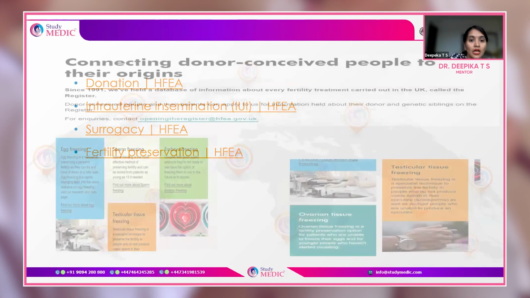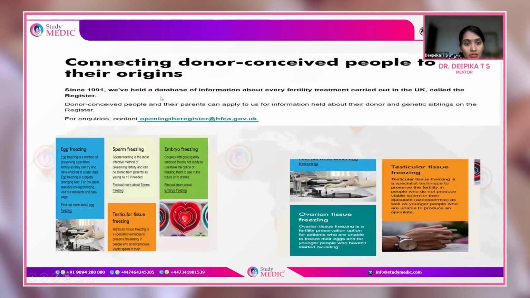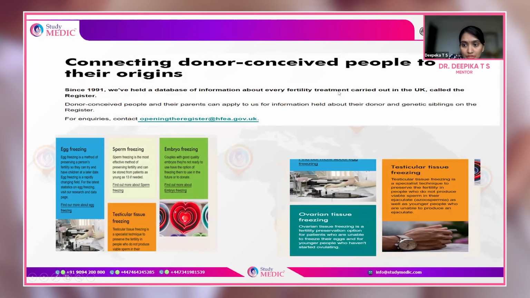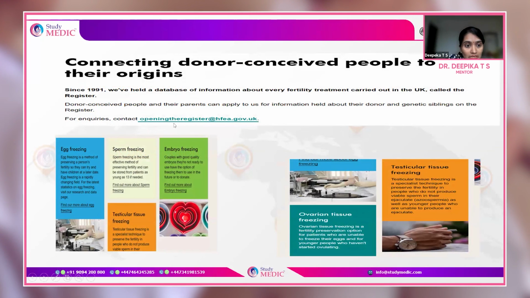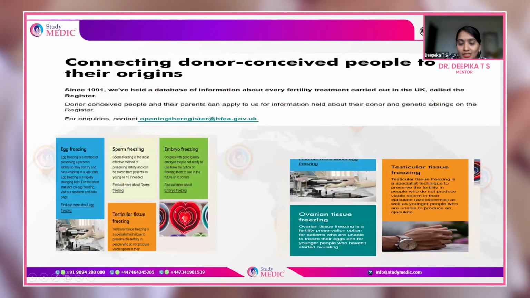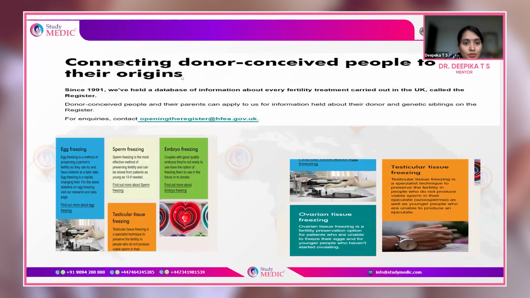For example, from 1991, they have a registry of information about every fertility treatment through donor. So a child can contact and get information about the donor, even the genetic siblings. They can get in touch. So you just have to go through the HFEA.